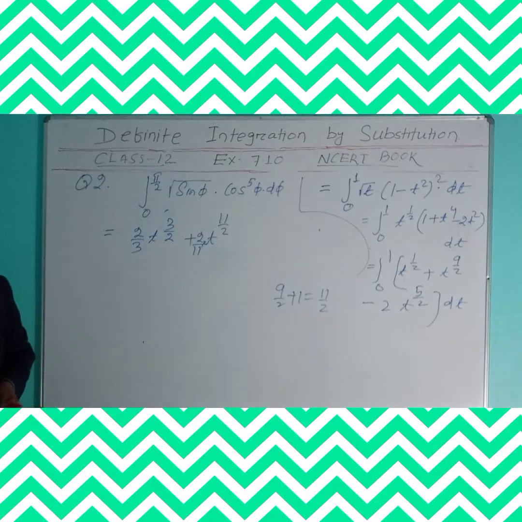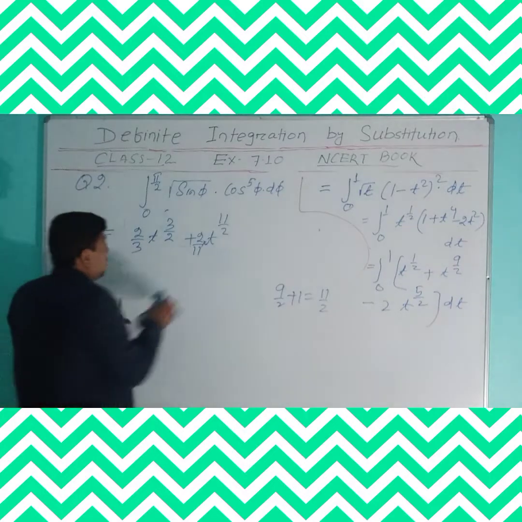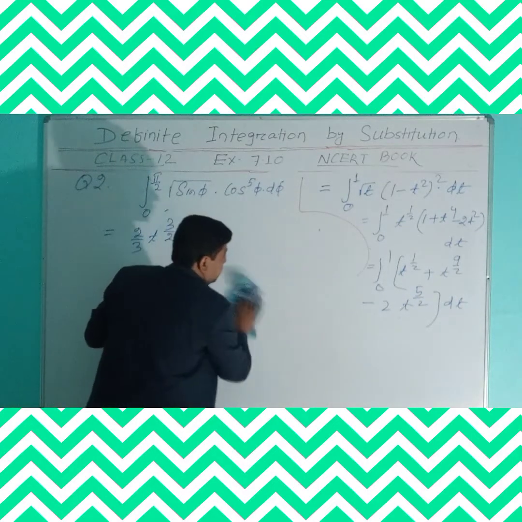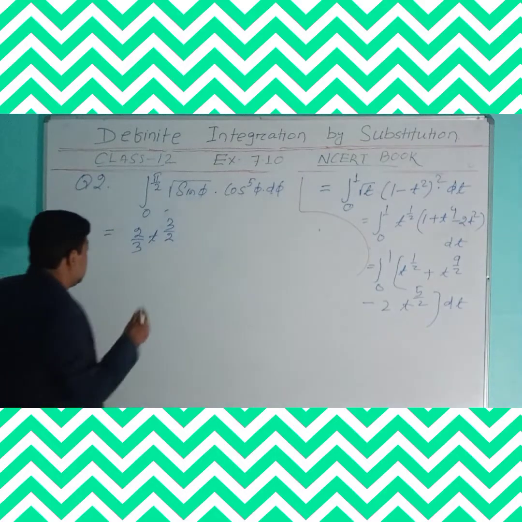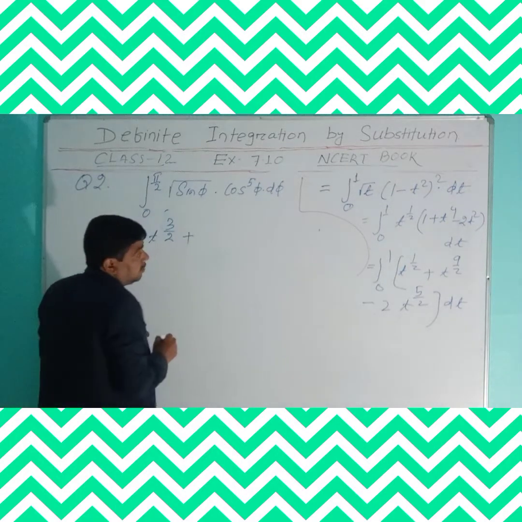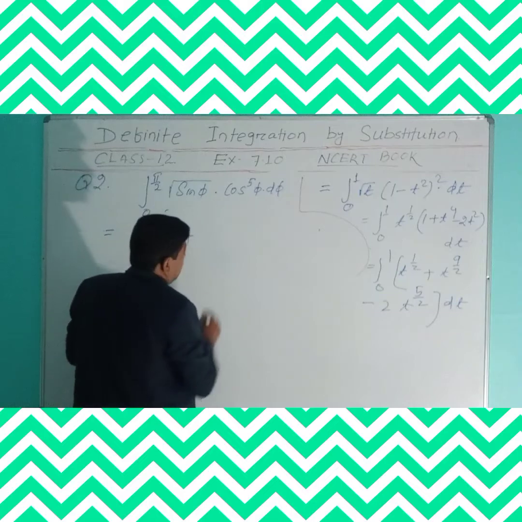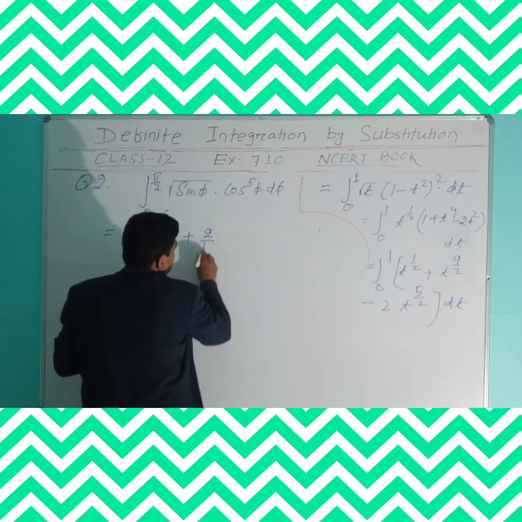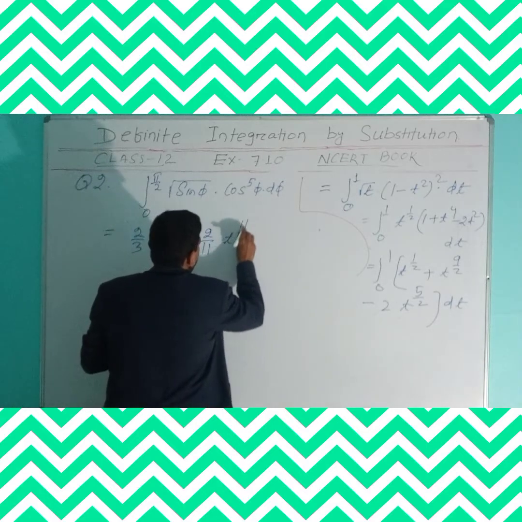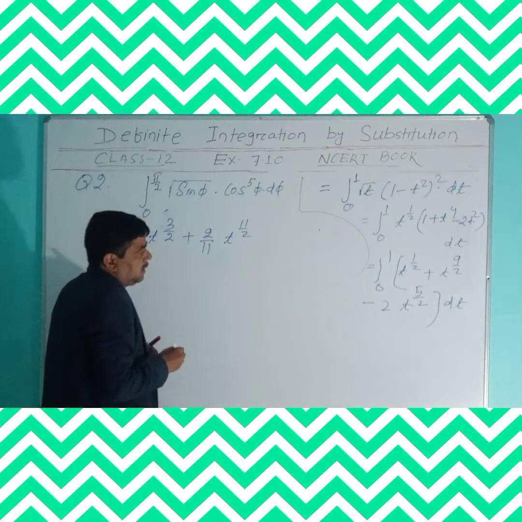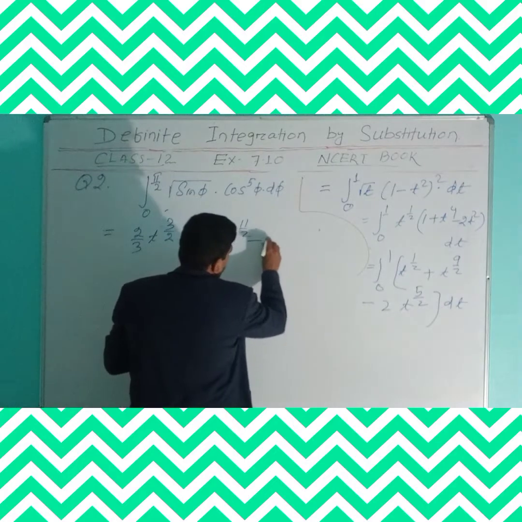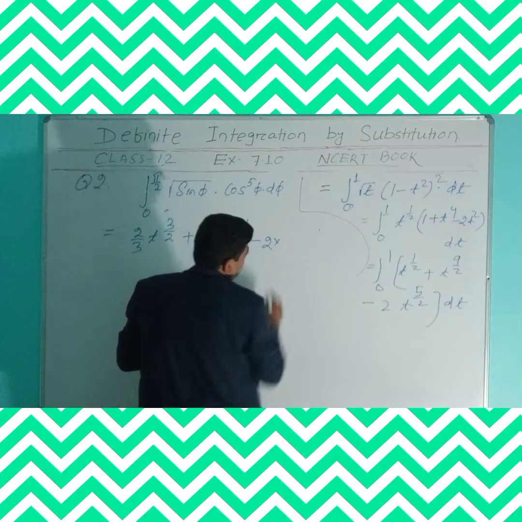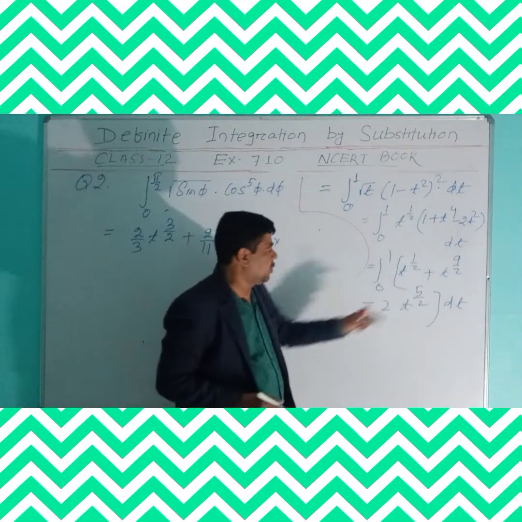Is it visible to you? Okay, let me write once again. Plus, it will be 2 by 11 into t to the power 11 upon 2. Similarly, the next sign is minus 2 into t to the power 5 upon 2.